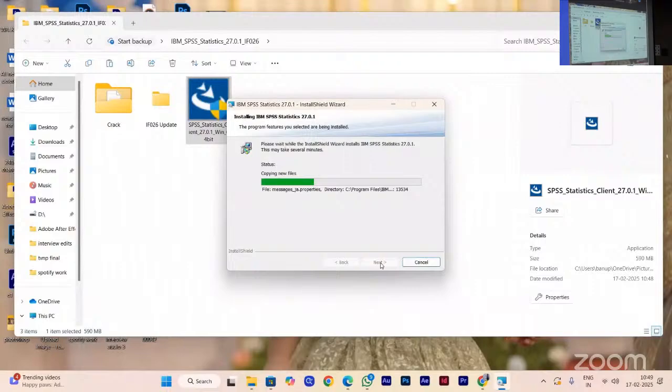It might take some time, according to the capability of your system. In this step it will take some time.